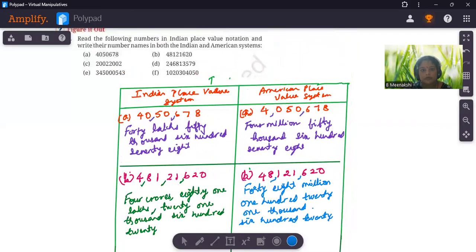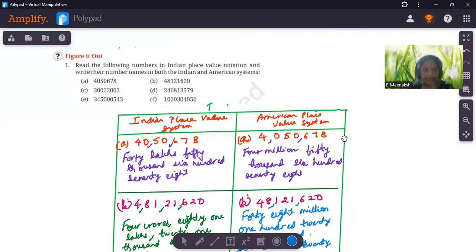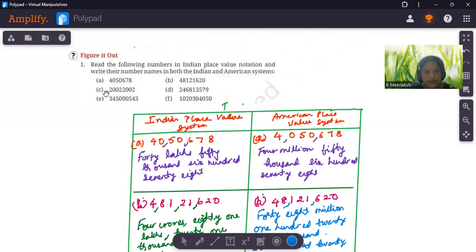Okay. Now I am leaving these two. There are the C and D parts for you to put the answer in the comment box, so that I can see how far you have understood this place value system.